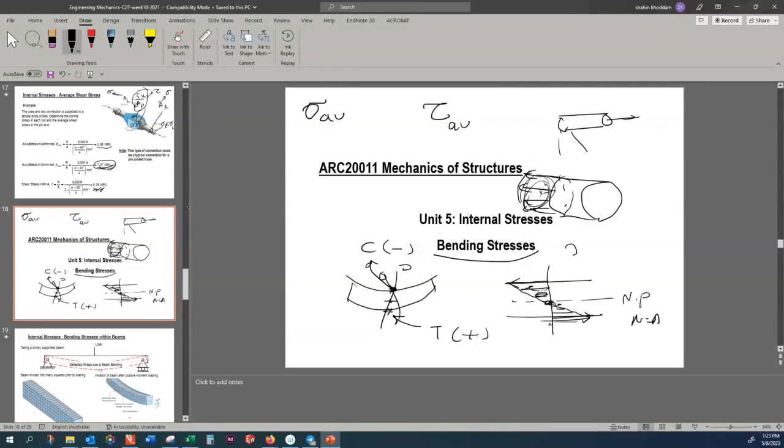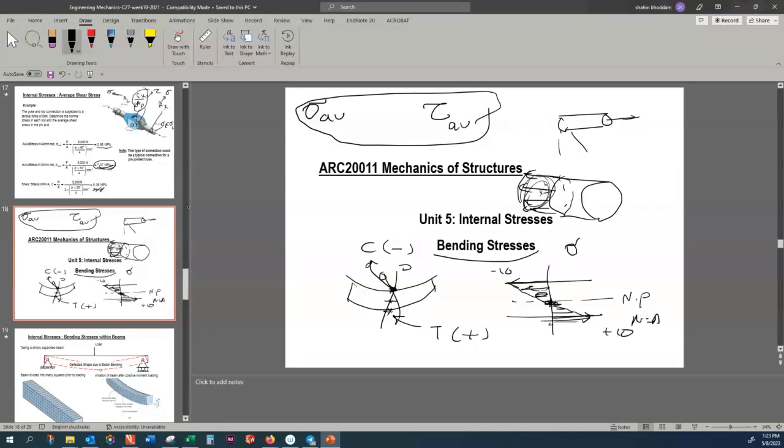We use the very same symbol, sigma, to say that when a beam is subjected to the bending, these are how stresses are developed. By contrary to the starting examples, this is not uniform. The average here is going to be zero. So that zero doesn't make sense, right? Because if you take average between -10 and 10, the average is zero.